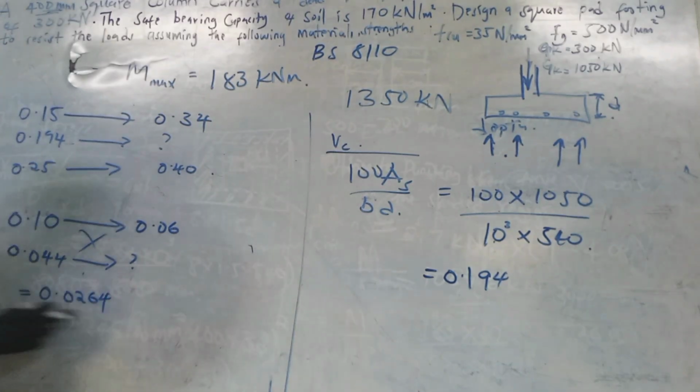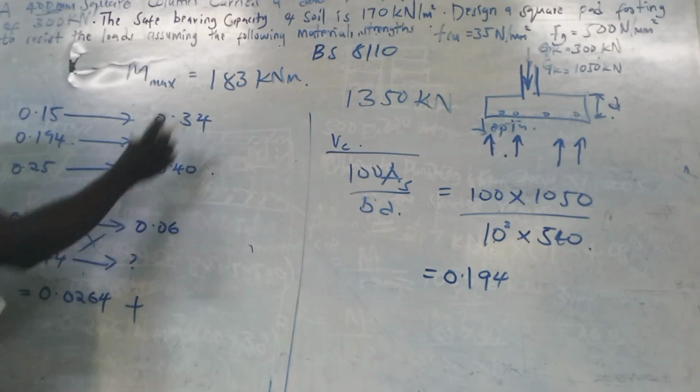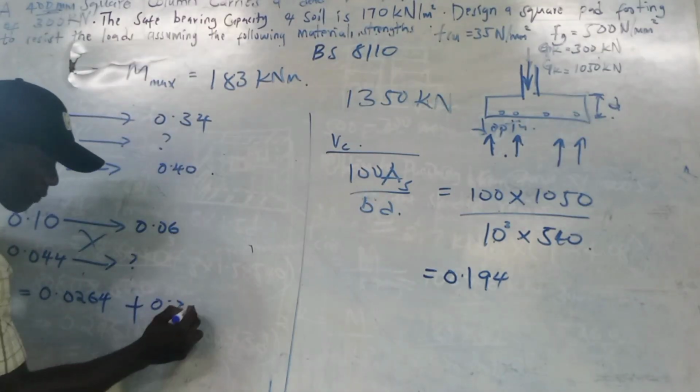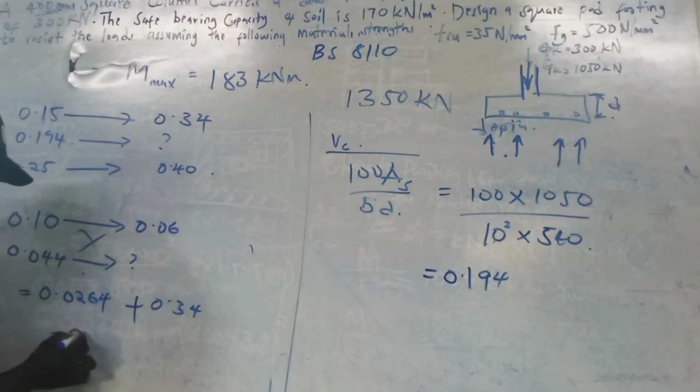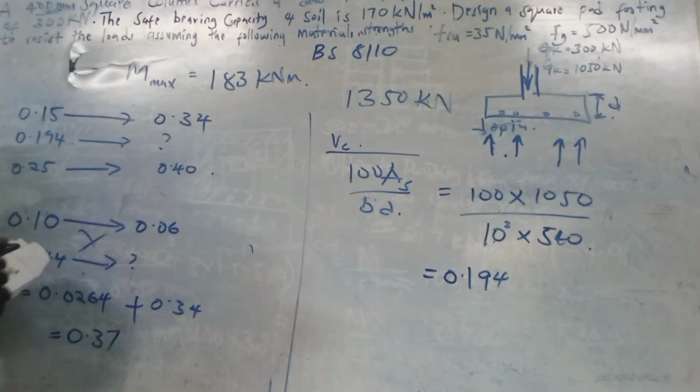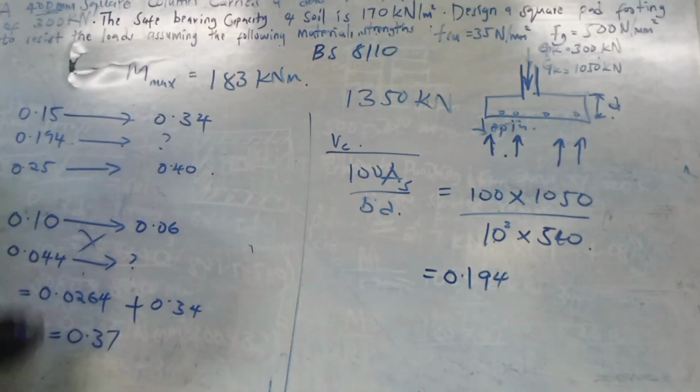So this value here, add it to 0.34. What do you get? You are going to get 0.3664, which is approximately 0.37.